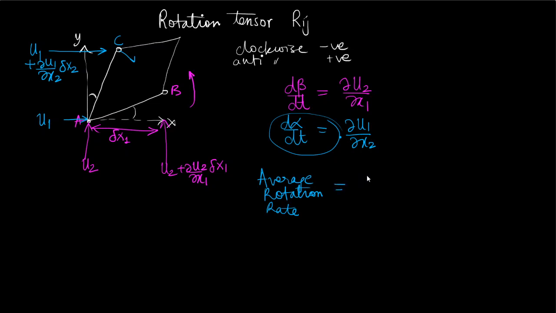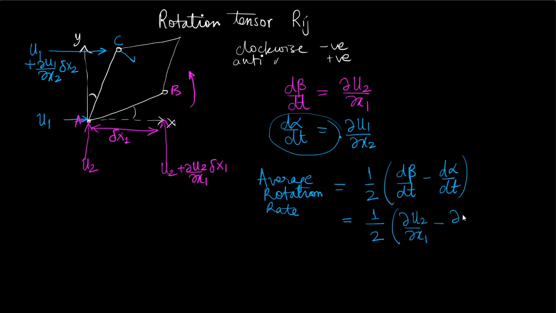this average rotation rate will be half of d beta dt minus d alpha dt, and this minus sign precisely accounts for the difference in the direction of rotation, and thus this particular term becomes half of del u2 del x1 minus del u1 del x2.